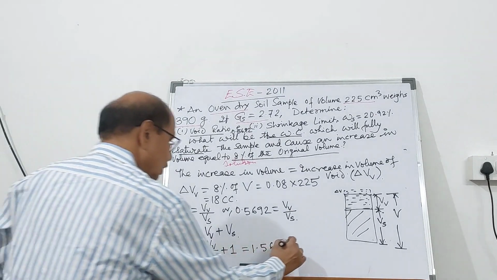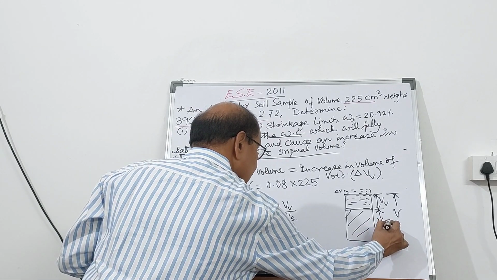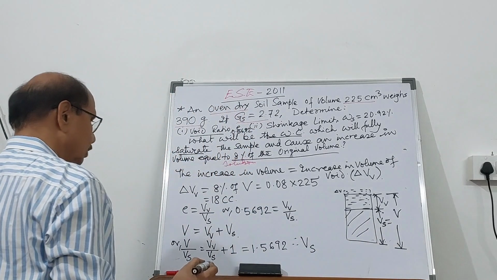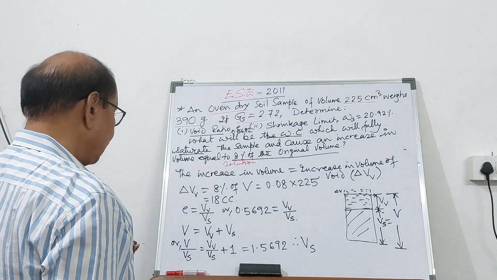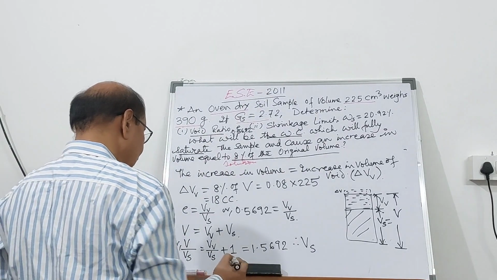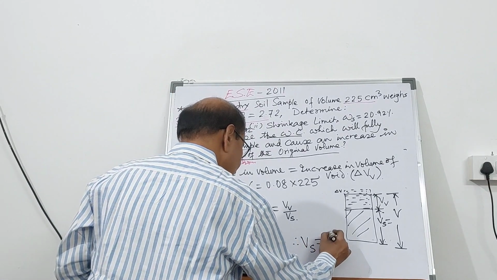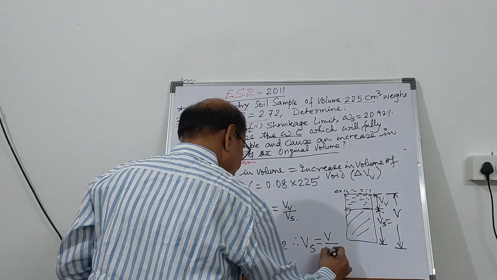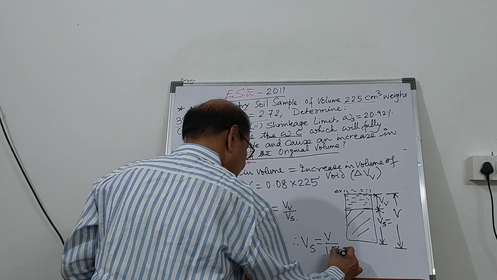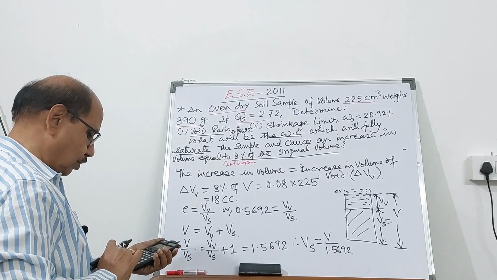Therefore, the volume of soil solids can be calculated. The volume of the soil solids will be equal to total volume divided by 1.5692.